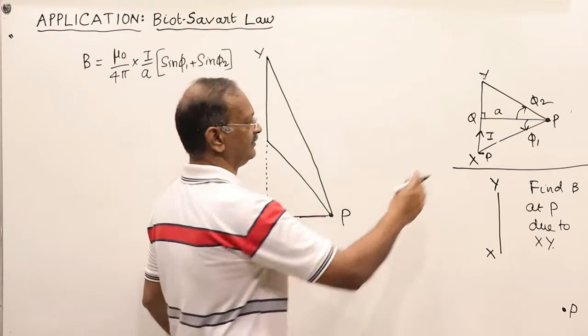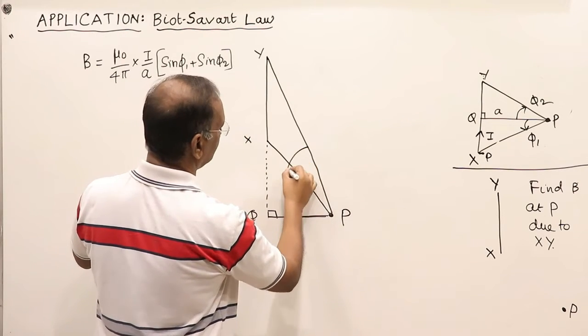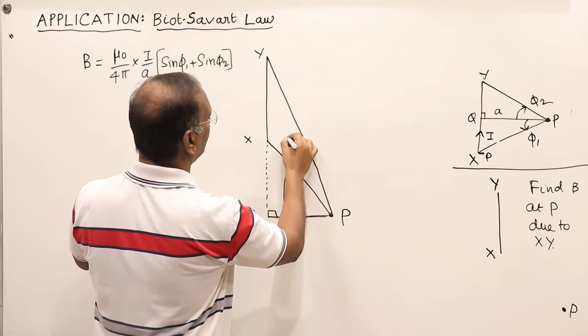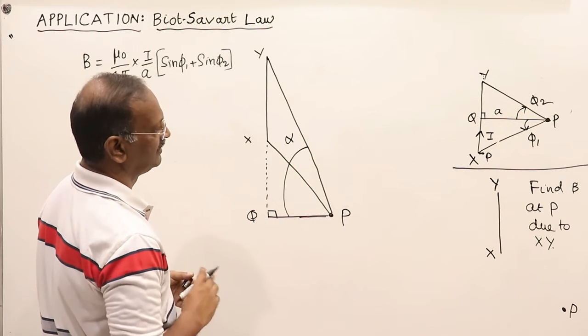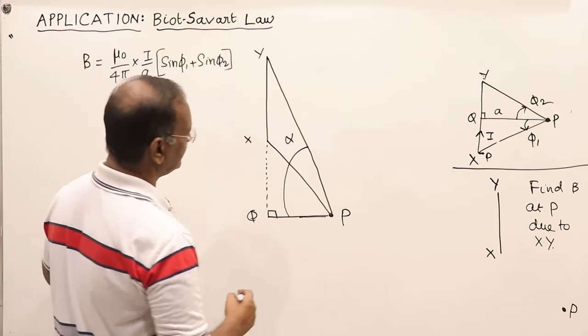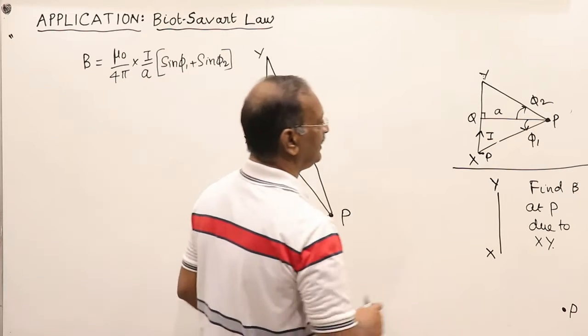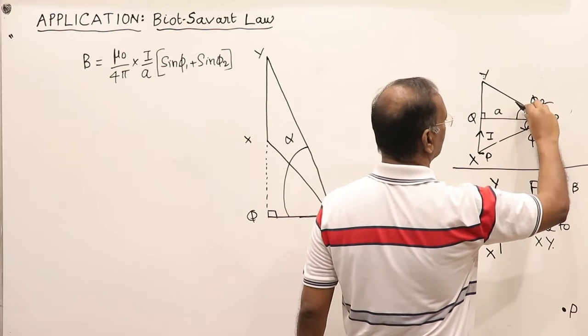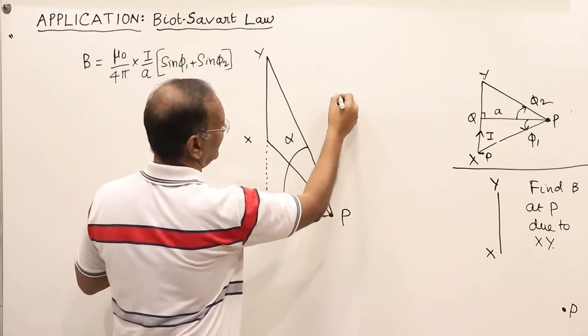See here phi 2, what is phi 2? If this is alpha, it's given. From the reference line we go in the clockwise direction to measure phi 2.